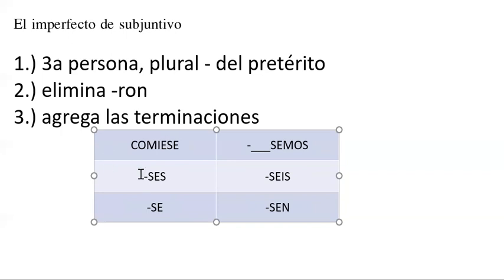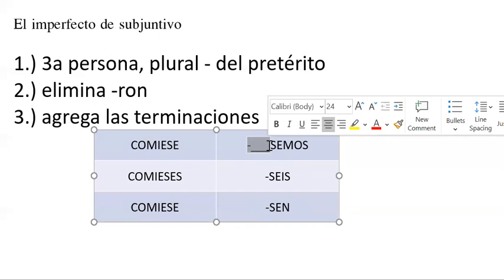Comiese. Same thing here, we'll just add that: comieses. Comiese. Again, same as the first person singular, the yo form, just like we did in the present subjunctive. The yo and the él/usted will be the same. That's why you also tend to hear the yo more often here.